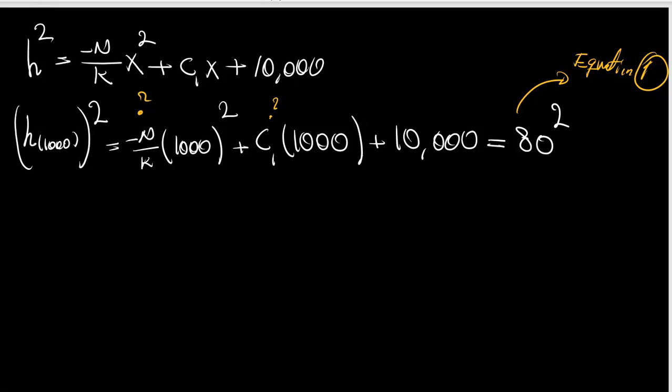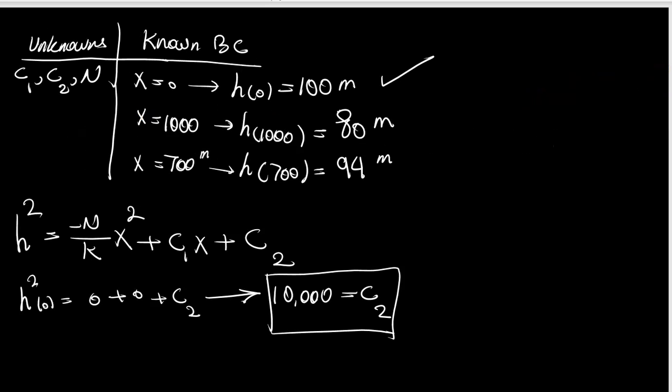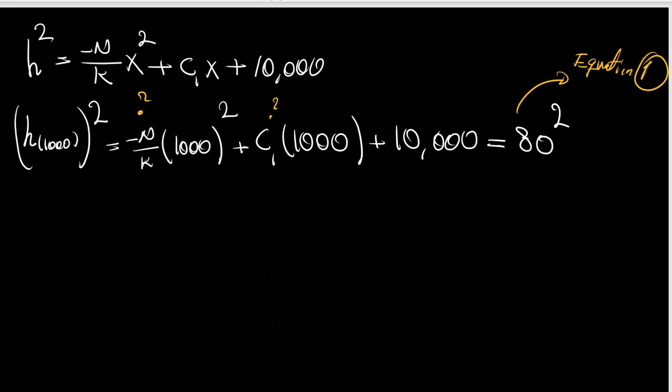So this is equation 1, and for equation 2, I can use the wetland boundary condition. Similarly, I will write h of 100 meter raised to the power of 2, and by the way, the value of k is known, right?